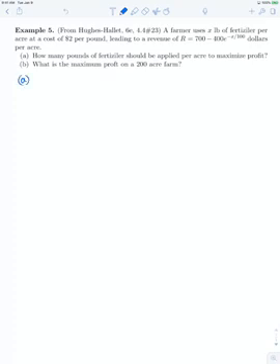Okay, so part A, what are we supposed to maximize? Profit. Well, in general, profit is equal to revenue minus cost, and we've been given the revenue function, but we will need to think a teeny bit about the cost. So profit is equal to 700 minus 400 e to the negative x over 100, that's the revenue, minus the cost.